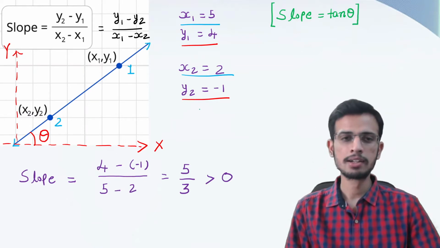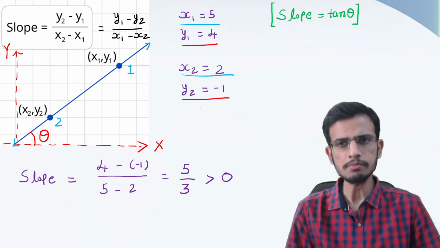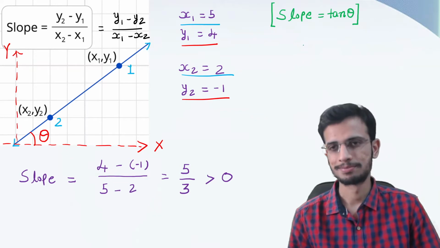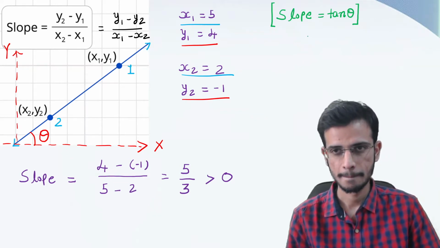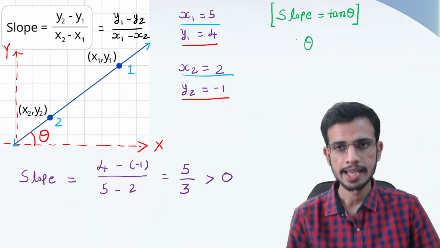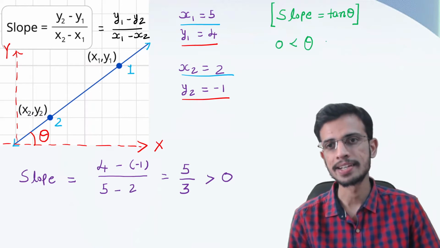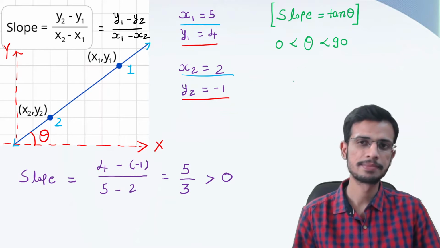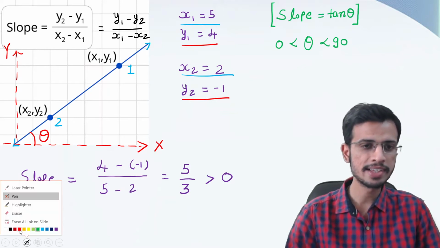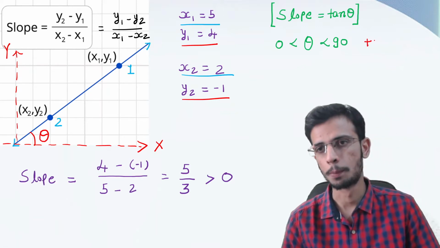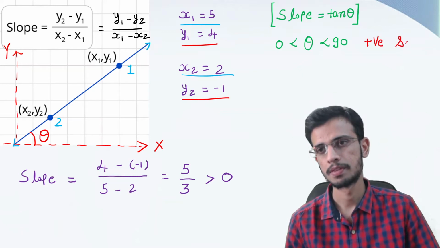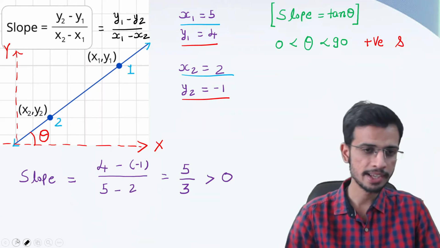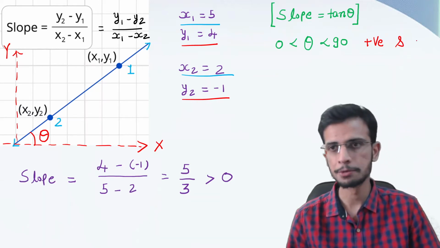If you know angle theta, right? If the value of theta is in this range, 0 to 90, then we will say it is a positive slope.